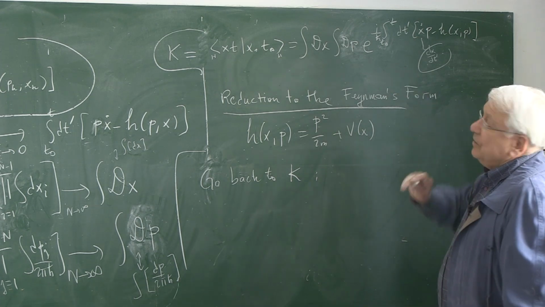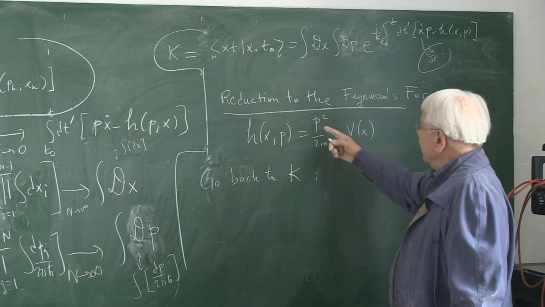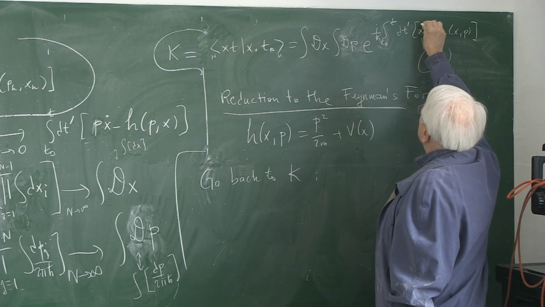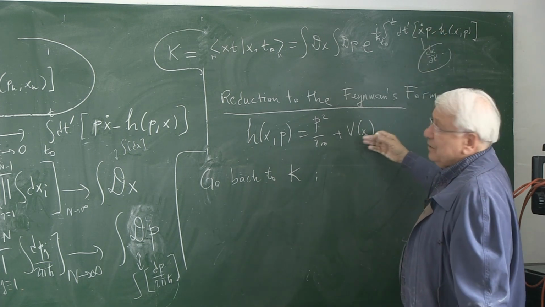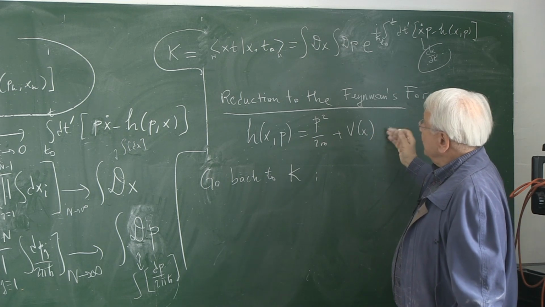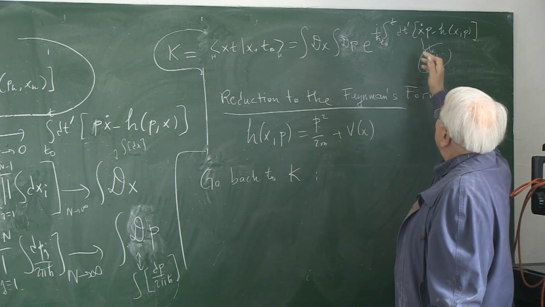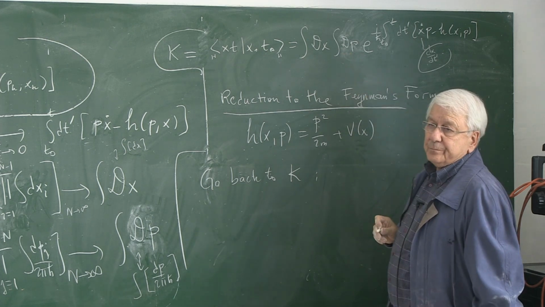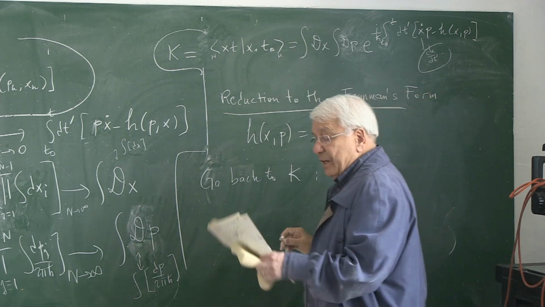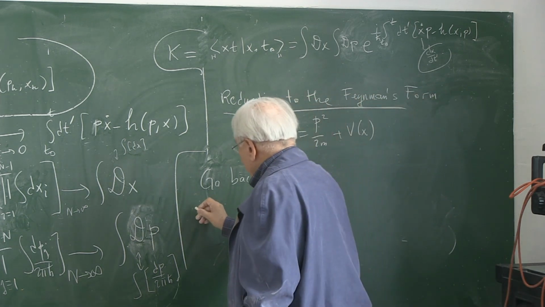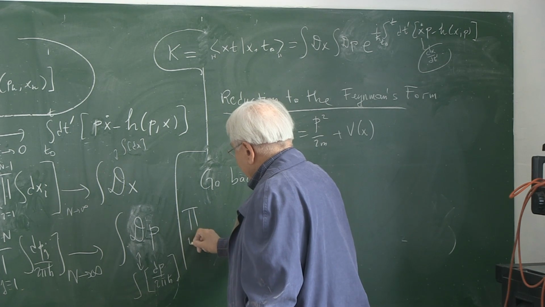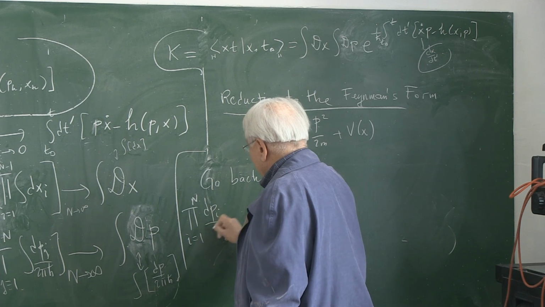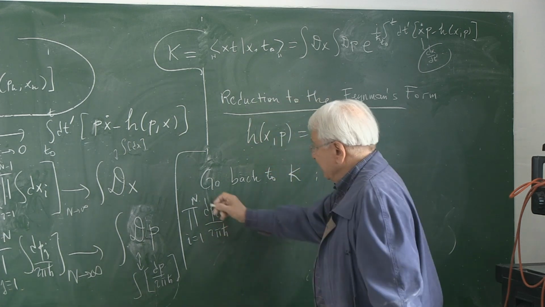It is the p integration part that is relevant, because notice that in the H there is this, and also in the Legendre transform part there is a p. This doesn't depend on p, so it can be moved to the x integration part. I have to take this and that part in and focus on this. Okay, let me focus on that part. So what I have is the product over k from 1 to n of dpk divided by 2 pi h bar. That's the integral part of it.